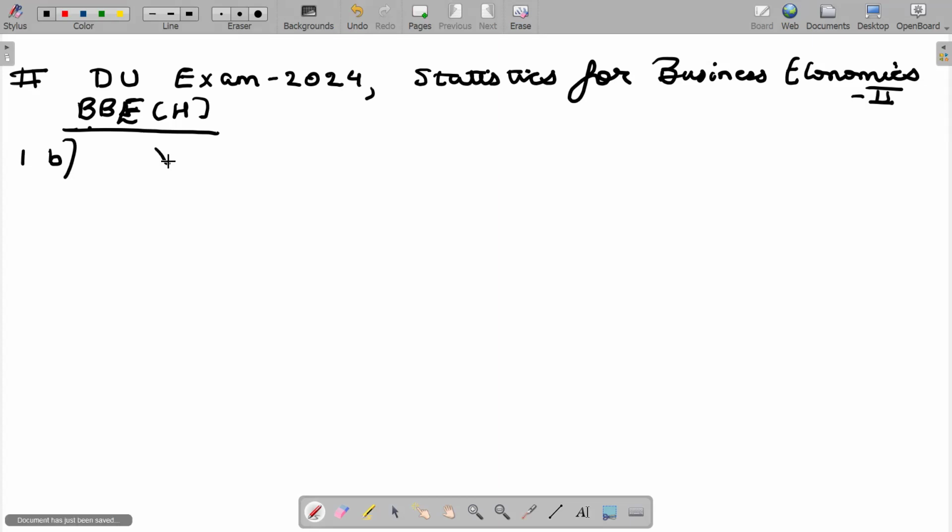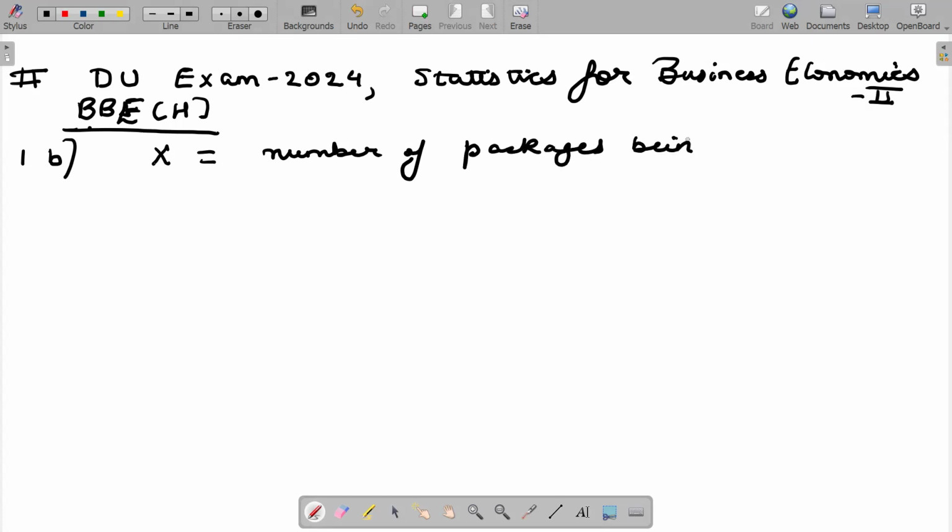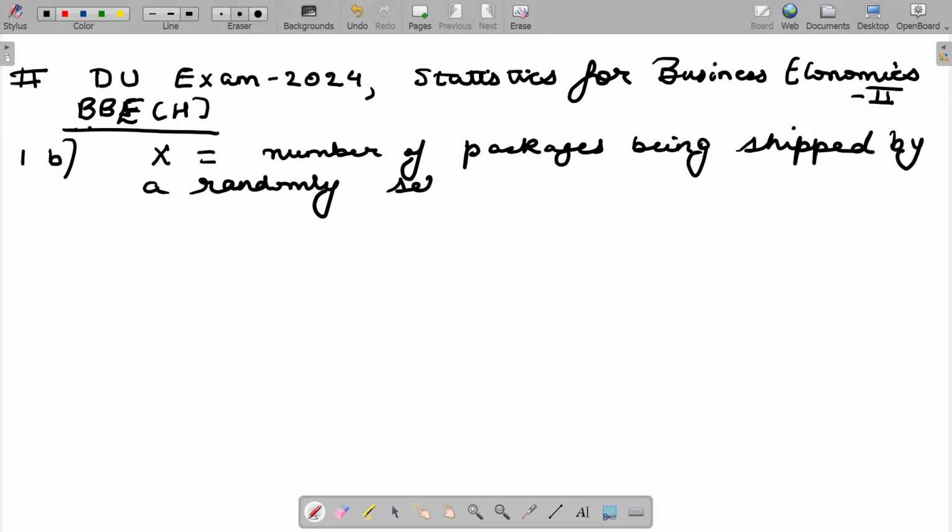We are given that the random variable X is the number of packages being shipped by a randomly selected customer to a particular shipping facility.